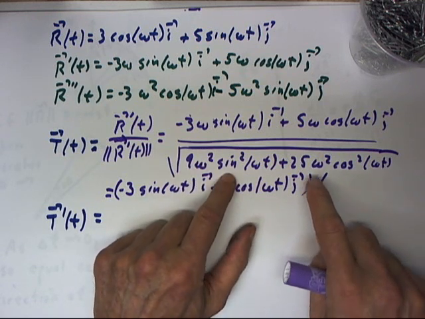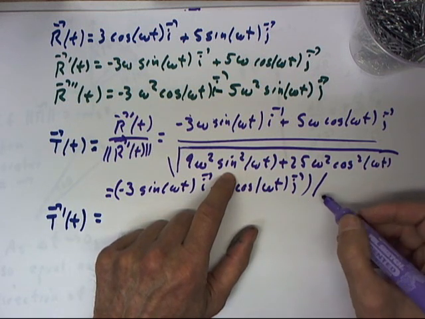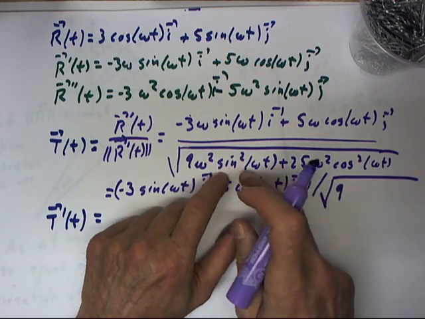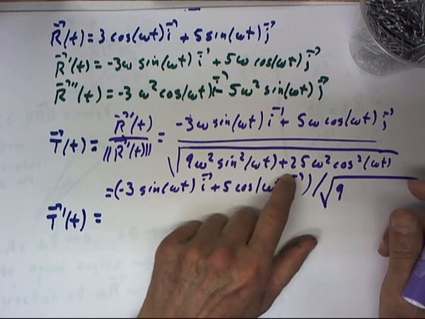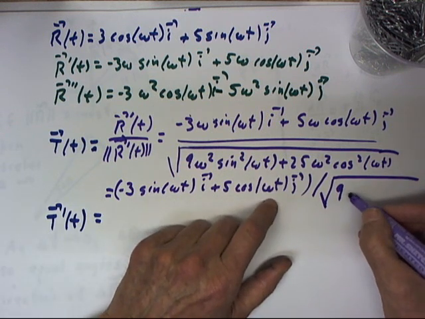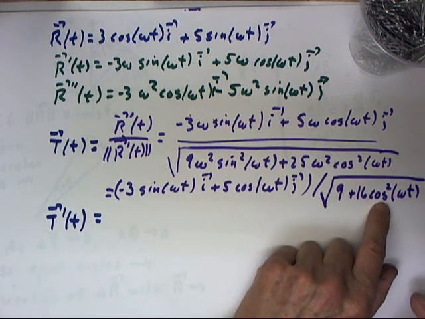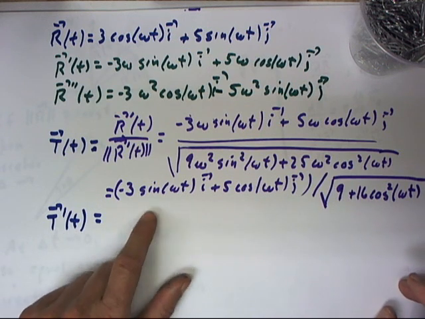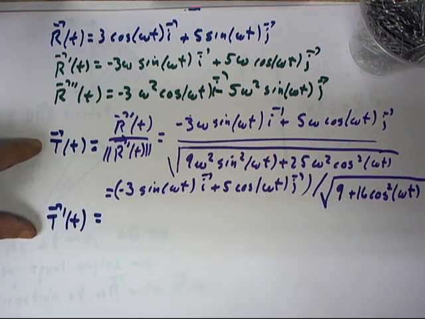The 9 sine squared can be matched with 9 of the cosine squareds, giving us 9 times the quantity sine squared plus cosine squared of omega t, naturally, leaving us 16 of these cosine squareds. So we have 9 plus 16 cosine squared of omega t. It's not necessary to do this simplification, but it's going to make the next step a whole lot easier. And in the next step, we try to find the derivative of that unit tangent vector.